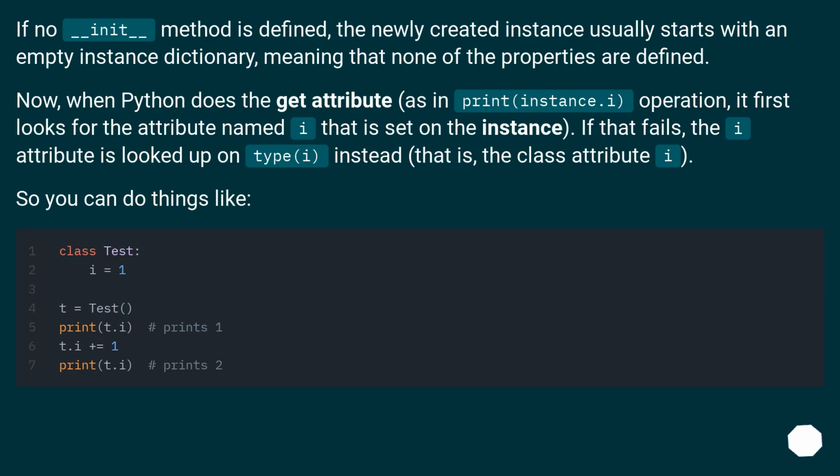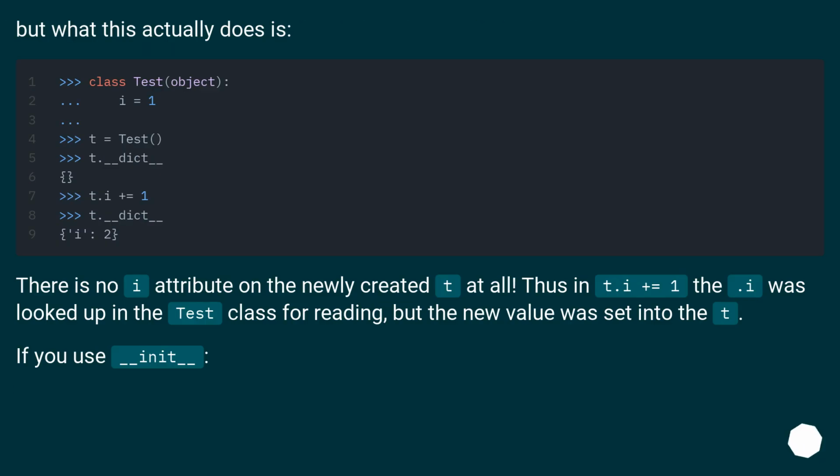Now, when Python does the get attribute, as in print instance.I operation, it first looks for the attribute named I that is set on the instance. If that fails, the I attribute is looked up on type(instance) instead, that is, the class attribute I. So you can do things like this, but what this actually does is this.